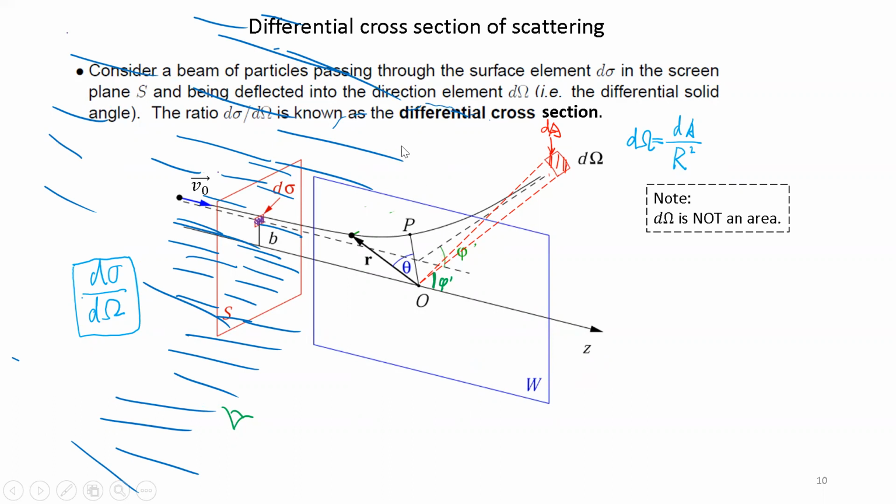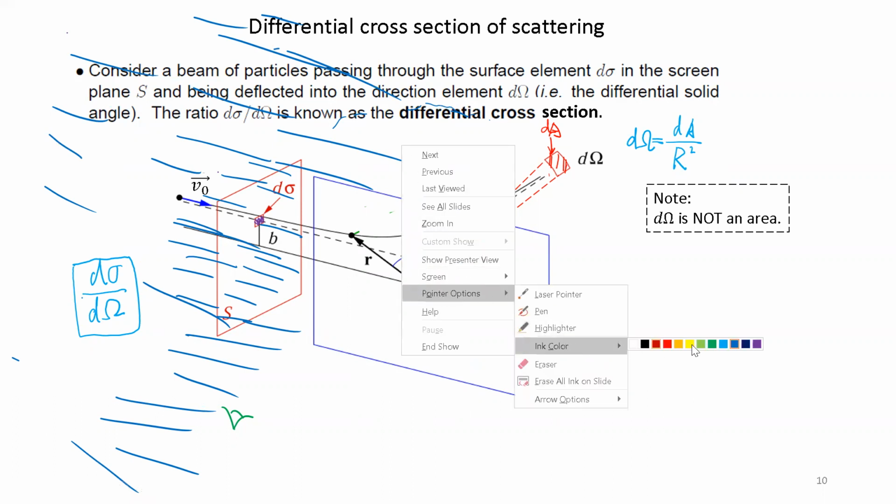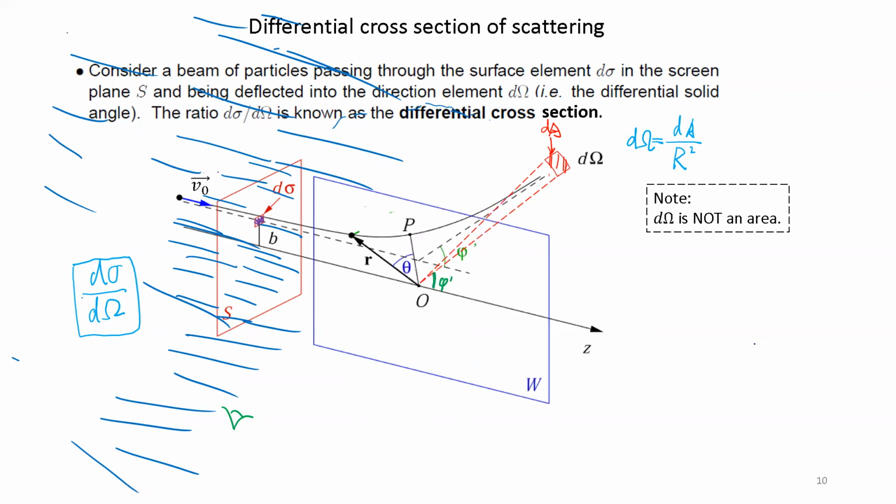So perhaps only the particles within, for example, this range will be scattered, and everything outside won't be. In that case, I will say that the scattering cross-section is the area of this purple circle that I draw.